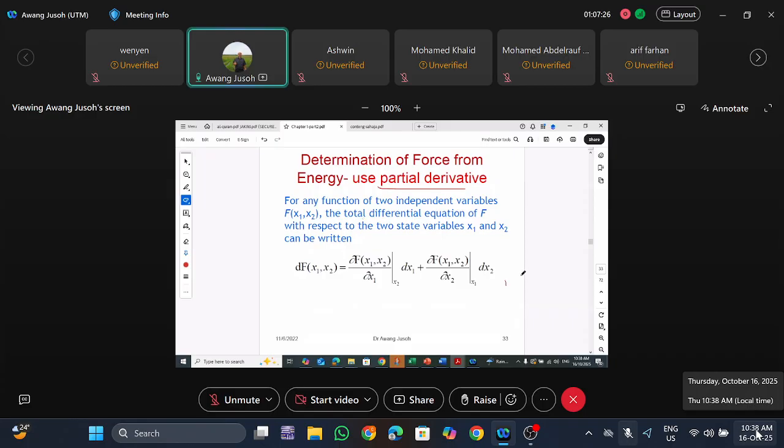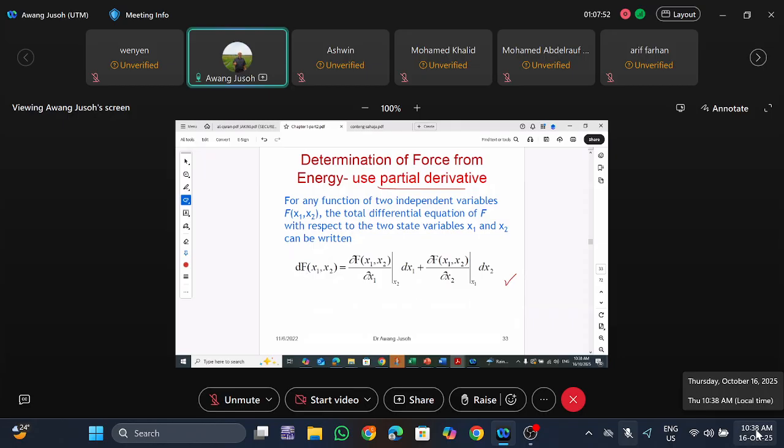Don't ask me why it is like that. This is a function that people have already proven. They did the experiment and proved that for any function that has two unknown variables, for example x1 and x2, the total differential of that function f can be written like this.